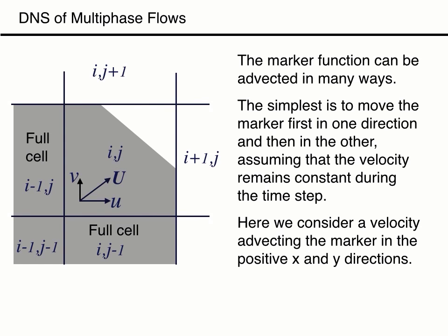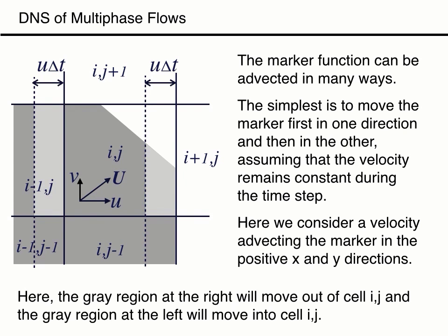Consider the cell shown in the figure, where the interface cuts through the top and the right side of the cell, and the cells to the left and below are full. If we assume that the velocity remains constant during the time step, then advection in the x direction corresponds to shifting everything in a cell a distance equal to u times delta t, where u is the x component of the velocity.